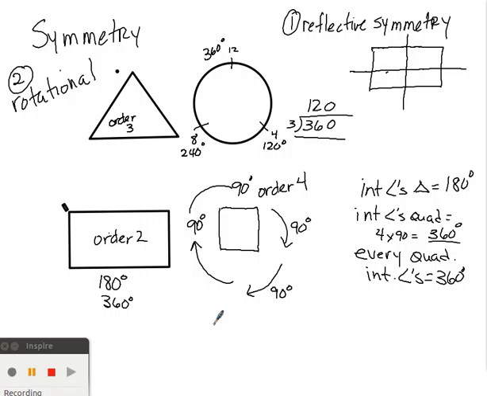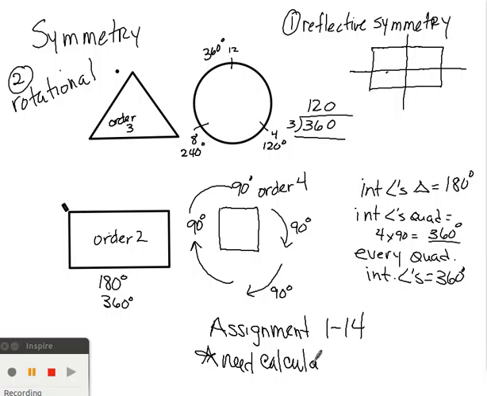Okay, so for your assignment today, I would like you to do questions 1 through 14 in the investigation. Tomorrow in class, you need your calculator. So make sure you bring that, otherwise you're going to have a lot of figuring that you're going to have to do on paper.